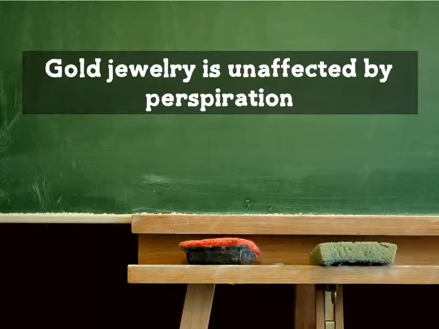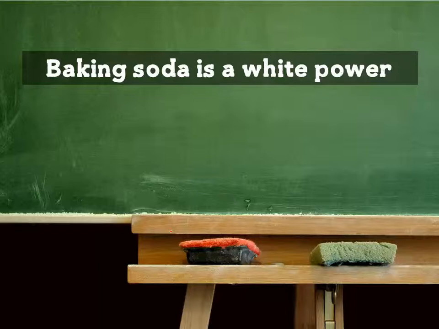Again, that's a chemical property because we're talking about how there's actually a lack of chemical reaction between your perspiration and the gold jewelry. So again, that's a chemical property. Baking soda is a white powder. That's a physical property because we're just simply describing it. There's no change in the baking soda.